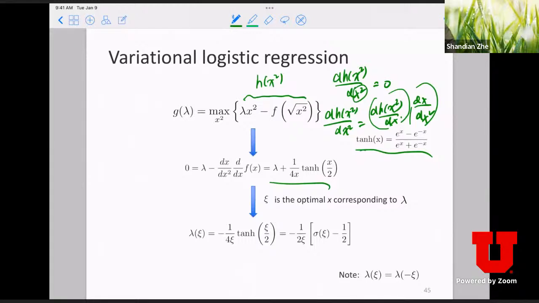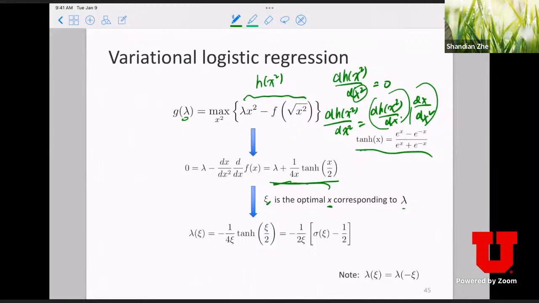Okay, so now if you are given any lambda, and you want to find the optimal x squared to get g of lambda, you just solve this equation according to lambda, right? And let us denote the optimal x, which corresponds to lambda, by c. From this equation, we know that the optimal x must satisfy this equation with lambda.